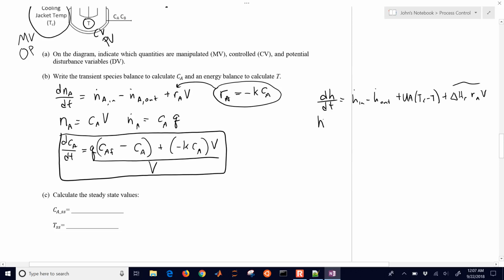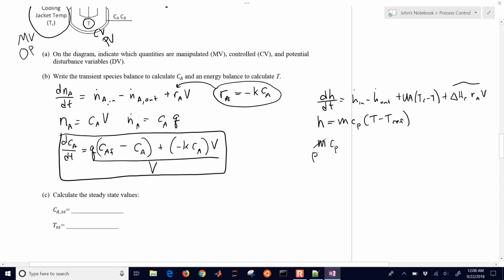Okay, I know that my enthalpy is going to be equal to my mass times the heat capacity, temperature minus temperature reference. Choose all those to be the same, then it's going to be working out to be m c sub p.